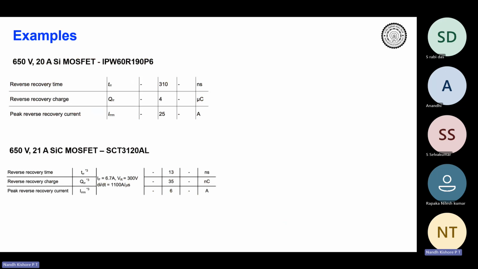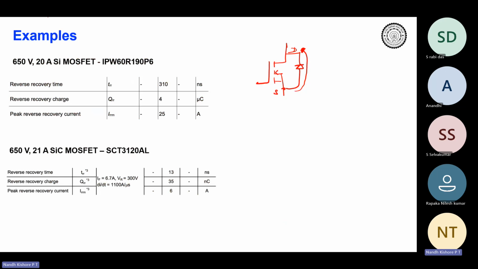And again, if you have to contrast other characteristics, you see over here, reverse recovery time. Why do we get a reverse recovery time? The reason being that you have the anti-parallel diode connected across the source to drain. If we have to study the characteristics of this device, DPT is helpful for that.